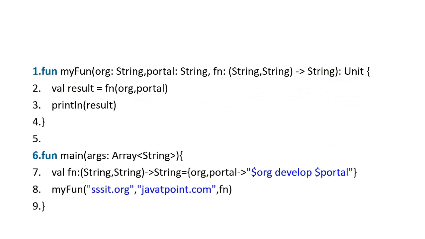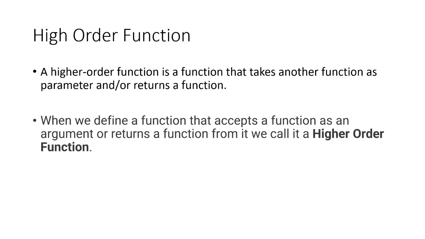in practical time. Here we can give other definitions: a higher order function is a function that takes another function as a parameter. Whichever definition is easy, you just read that. A third definition: when we define a function that accepts a function as an argument, or returns a function from it, we call it a higher order function.